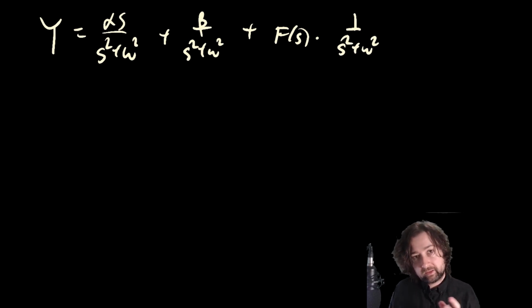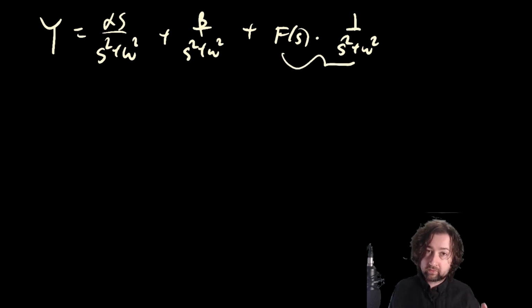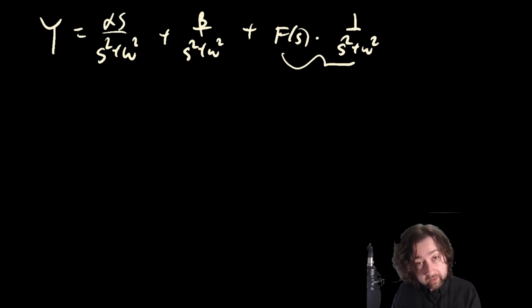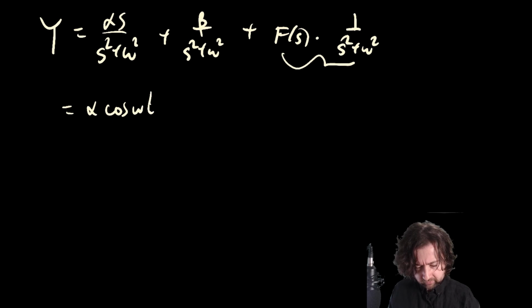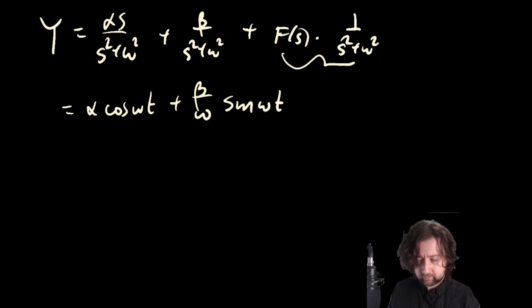Now I can translate everything back into the time domain, except for this, which I'll have to write down using a convolution, because this is a product of Laplace transforms. So when I come back the other direction, I get alpha cosine of omega t, and then a beta over omega sine of omega t.